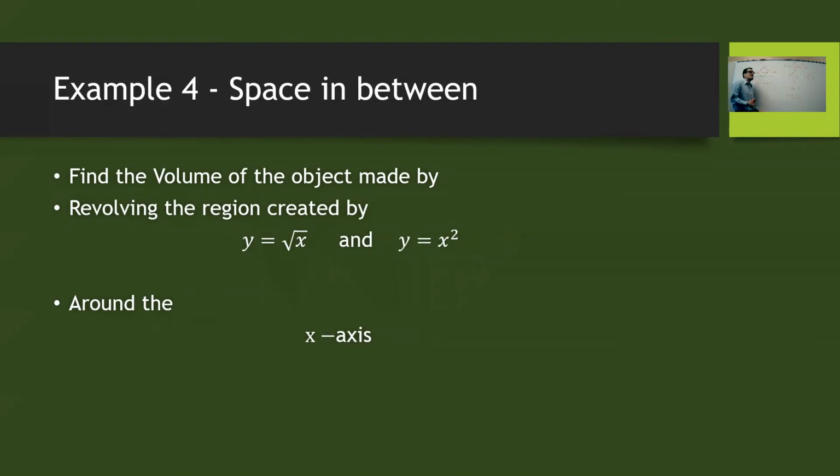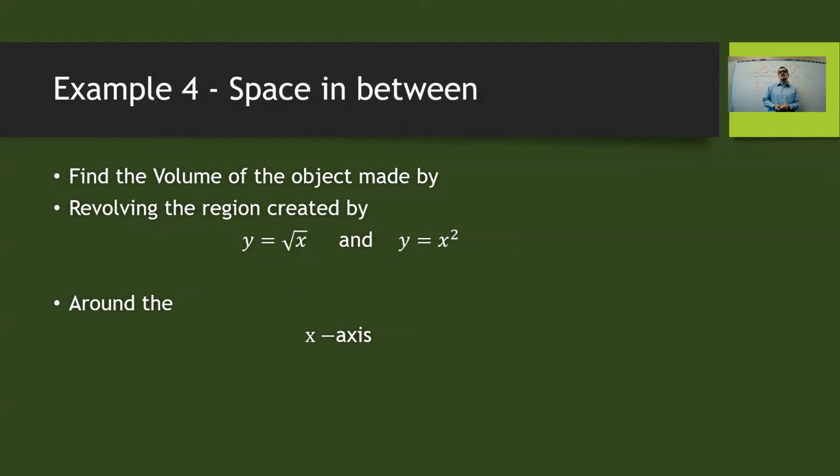Now, we've seen rotating around a horizontal axis, like the x-axis. We've seen rotating around a vertical axis, that's the y-axis. The other curveball, we can rotate around something that's not an axis, like y = 1. We did that in example 3. But an interesting twist comes up when I have space in between.